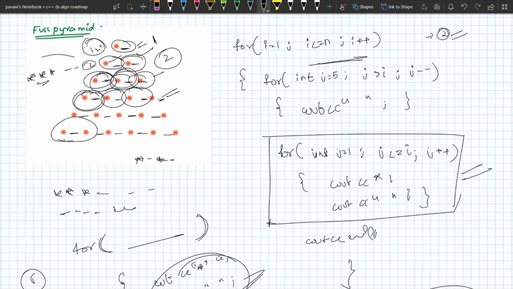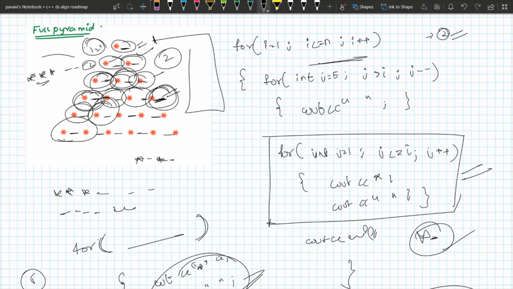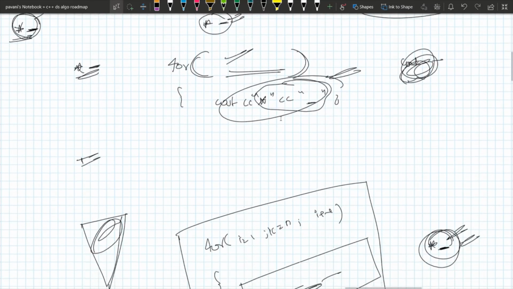It doesn't matter a lot, because here there is no pattern. For I equal to 5, there are 5 star-spaces. I'm treating star and space like one character. That's it, so simple, and the code is done.